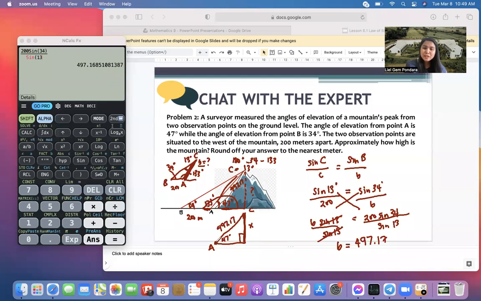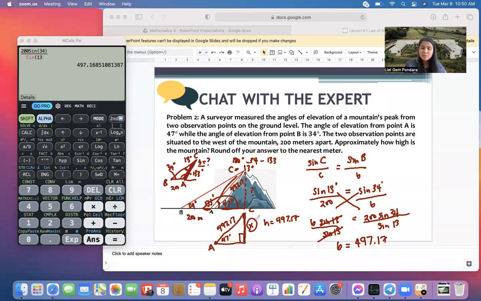Now, based on angle A, can anyone tell me what is this 497.17? Is it the opposite, the hypotenuse, or the adjacent? Hypotenuse. Very good. That is our hypotenuse, 497.17. What are we looking for? What is the x?